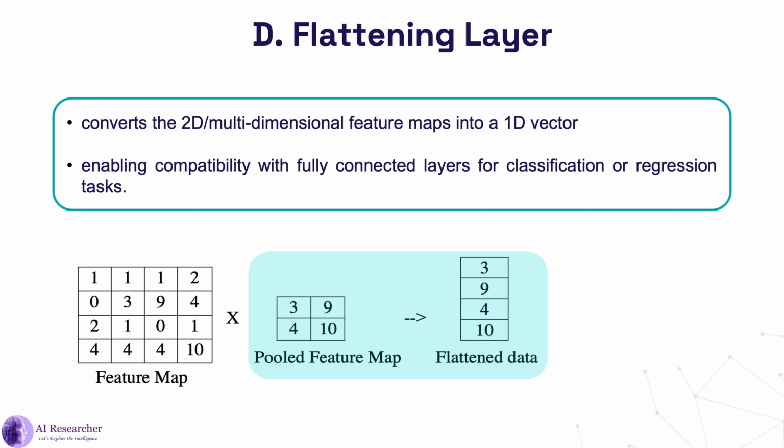This transformation is important because it allows the data to be processed by fully connected layers, which are standard components in neural networks for classification or regression tasks. And to implement a flattening layer we are going to use the flatten function.